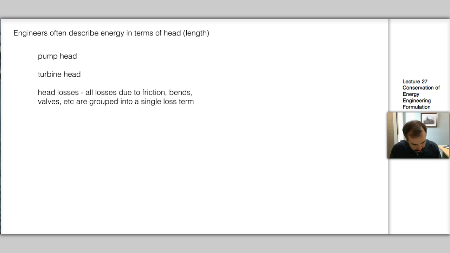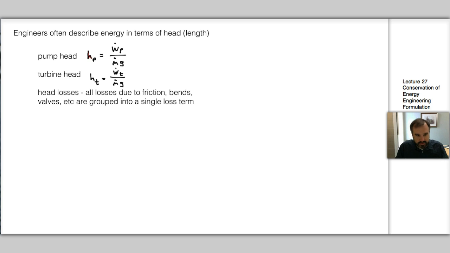And what those look like, if we write out our equations, we define H_P, the pump head, and that's going to equal W dot P over M dot G. Same thing with the turbine head, so H sub T is going to be equal to W dot T over M dot G. And if you work out the units, I'm not going to do it here, you'll see that that's a length, meters or feet.